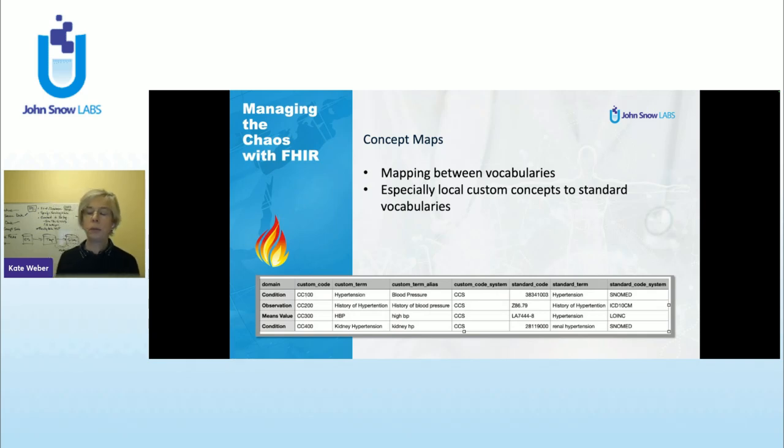So you can build with FHIR a custom concept map that lets you take whatever you want to do, whether it's a custom in-house vocabulary or your specific ideas of how you want to go from, say, LOINC to SNOMED CT, and you can map those yourself, which is great.